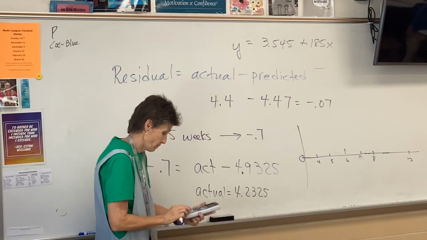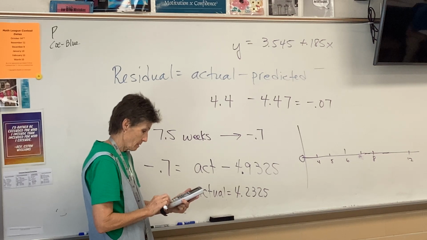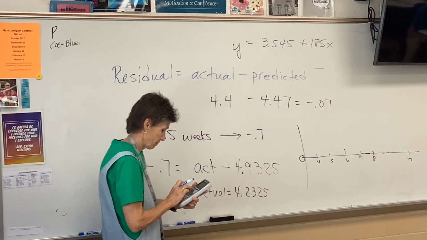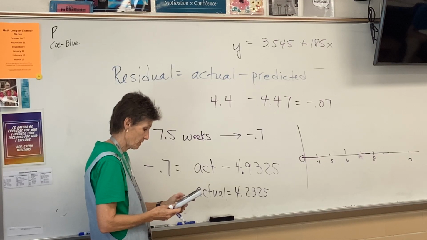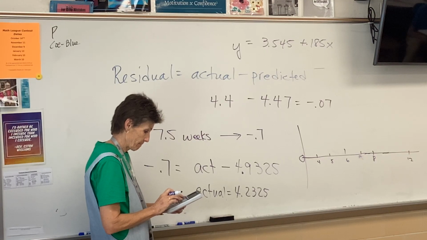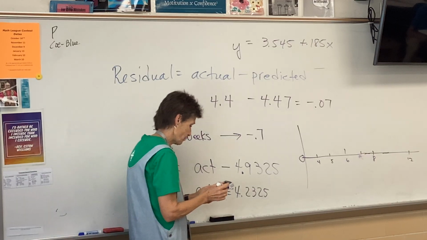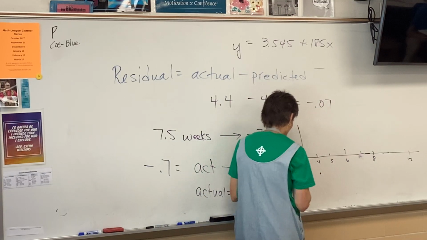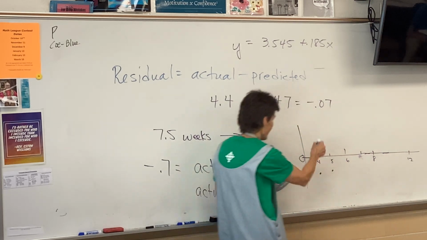The residual at 4 was negative 0.05. And at 5, it was negative 0.07, just a little higher, and so on.